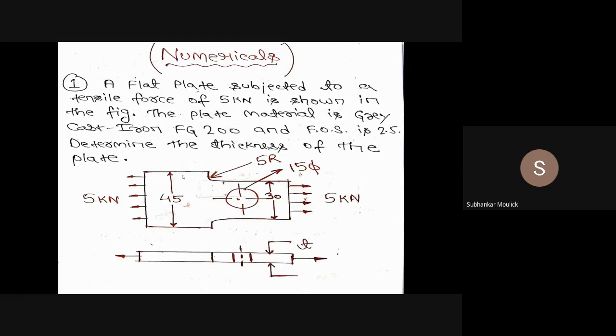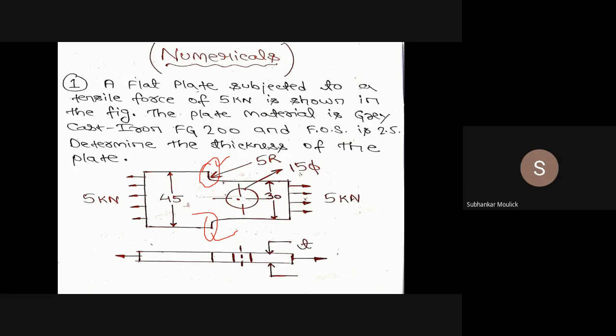By critical stress, I mean that the entire body can fail either through this fillet region or through this whole region. Firstly, we will consider the fillet region separately. This fillet as well as this fillet are both identical, so we can analyze any one fillet. The result will be the same for the other fillet also.